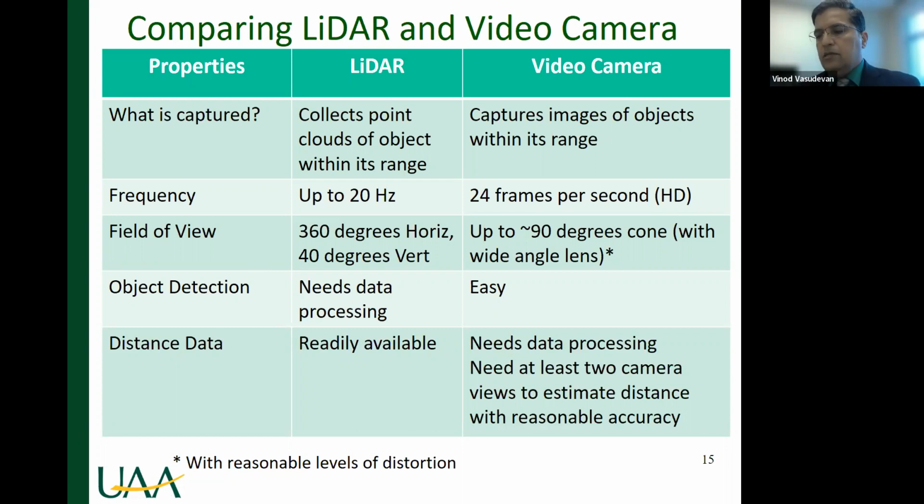So the major point is that object detection is easier using a camera, whereas distance is easier using LiDAR. If you can blend them together, you will get both object detection and distance data. That's why the video camera and LiDAR are kind of essential together.